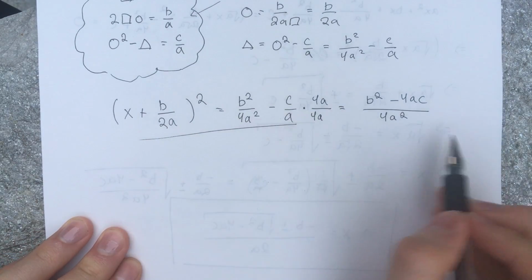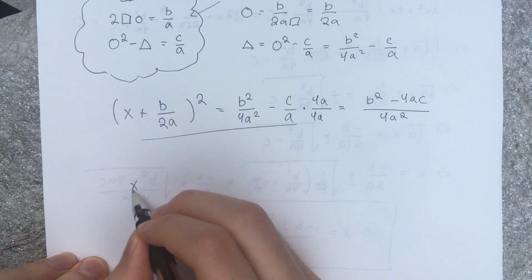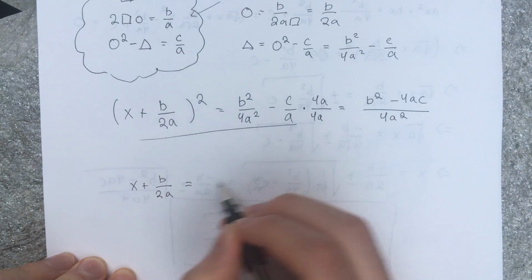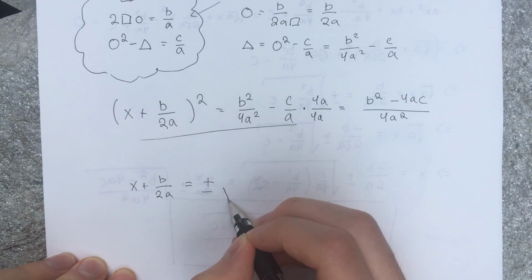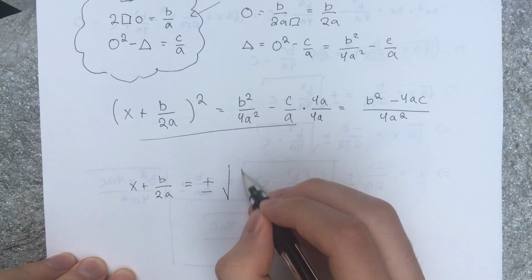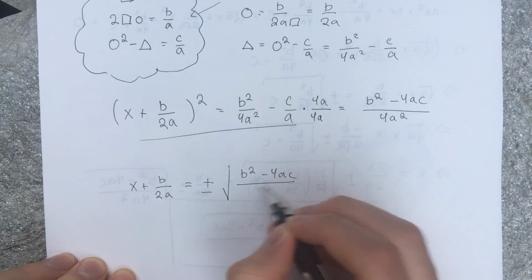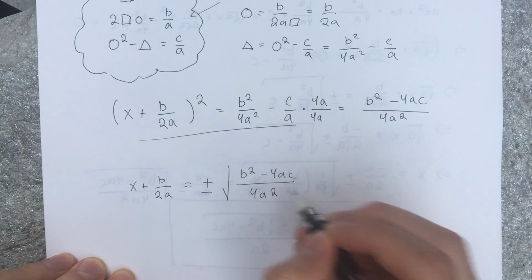I'll take the square root of both sides. So here we get x plus b over 2a is equal to plus or minus the square root of b squared minus 4ac all over 4a squared.